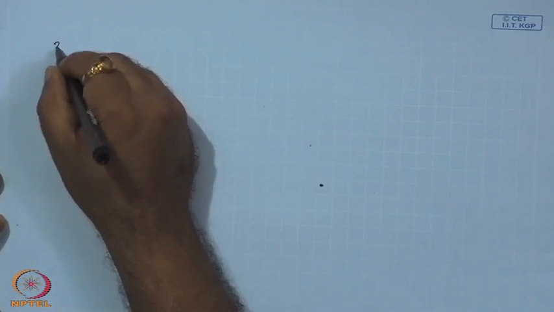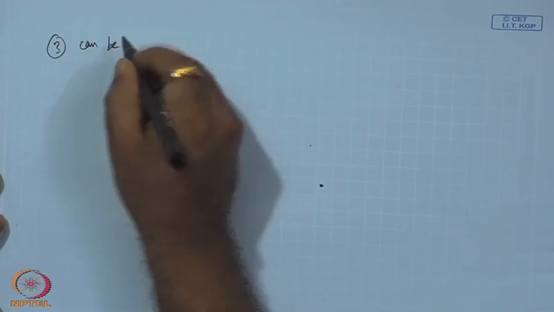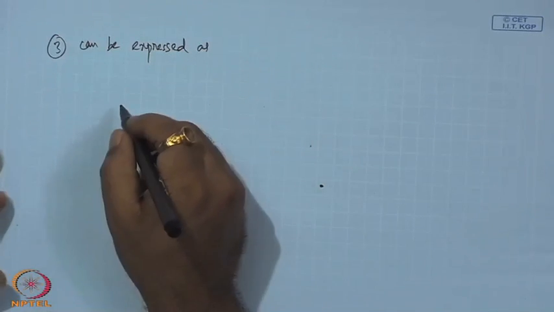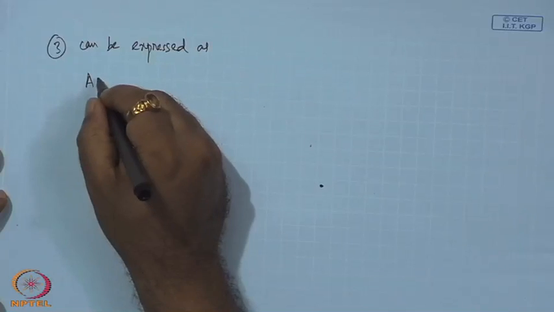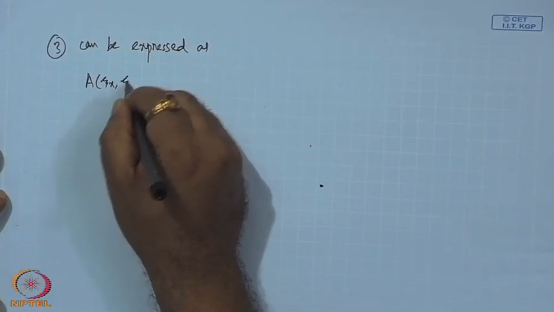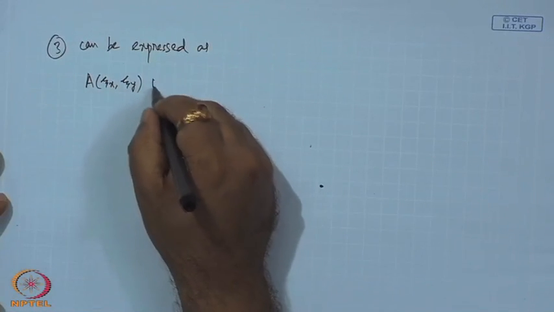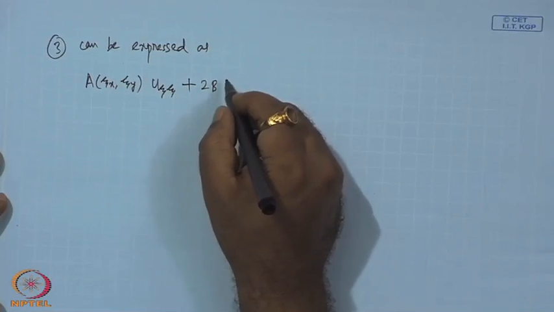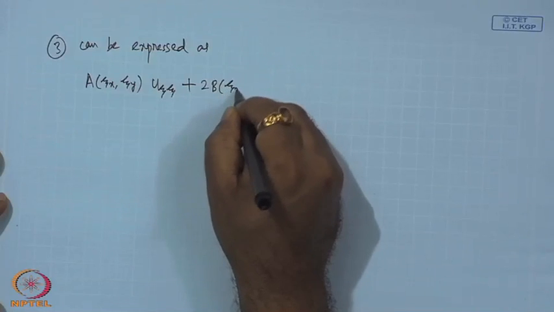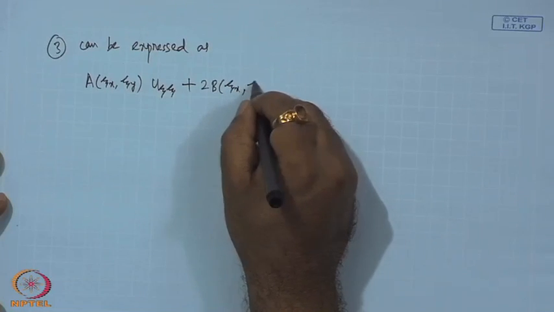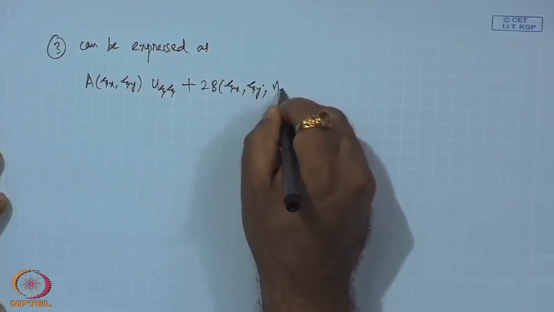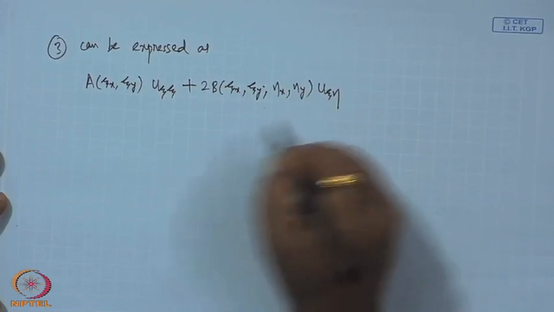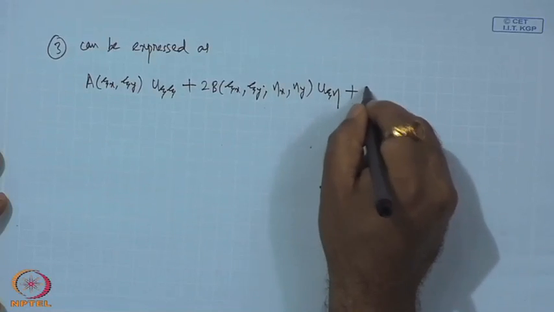So 3 can be expressed as a times this plus 2b of this.